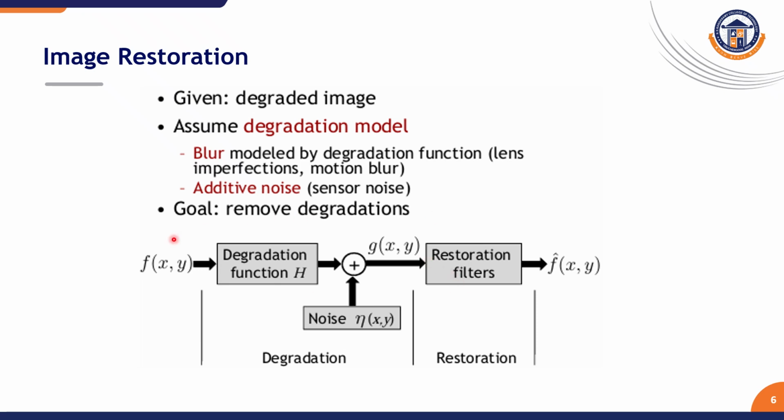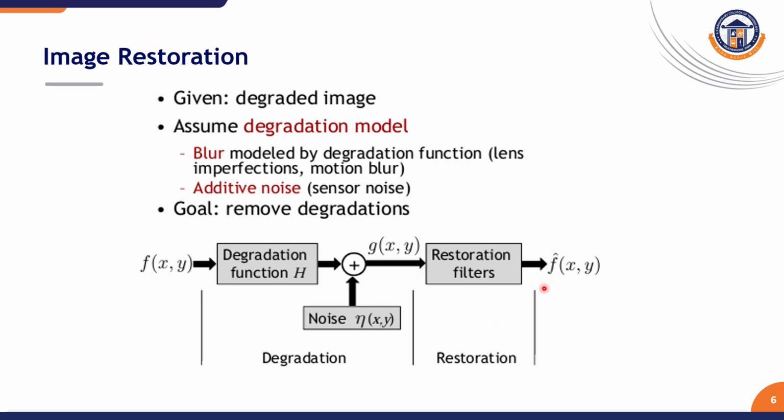The image shown here is the degradation and restoration process. f of x comma y is the image, the degradation function is h, and the noise is eta of x comma y. This noise is added to the original image, giving g of x, y.